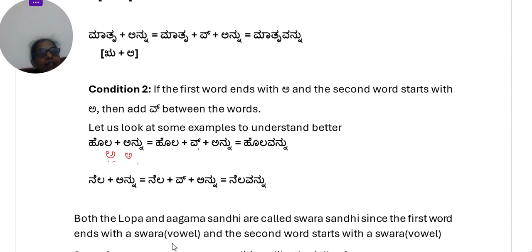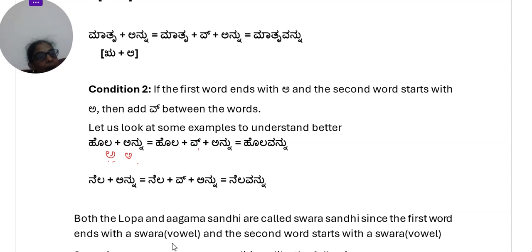So that is called Agama Sandhi. Agama means entry. And what is happening? A new alphabet, a new Vyanjana is getting entered. It will either be ya or va. So that is why it is called Agama. Agama means entry of something new.